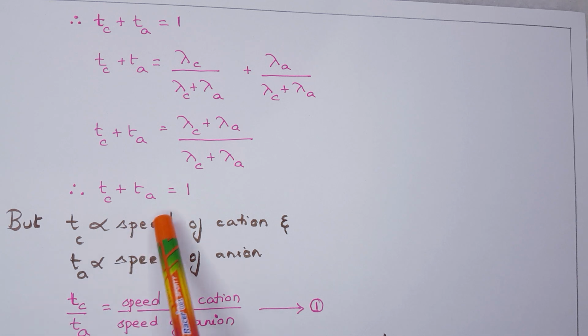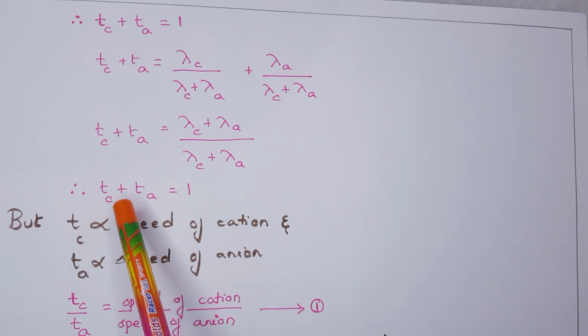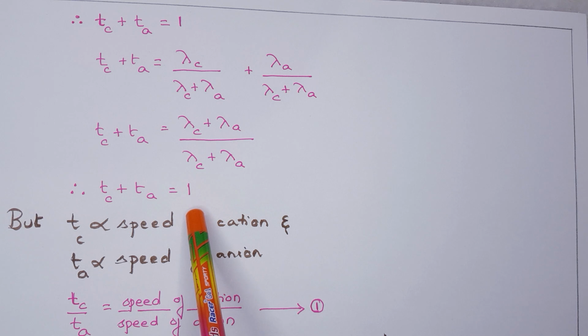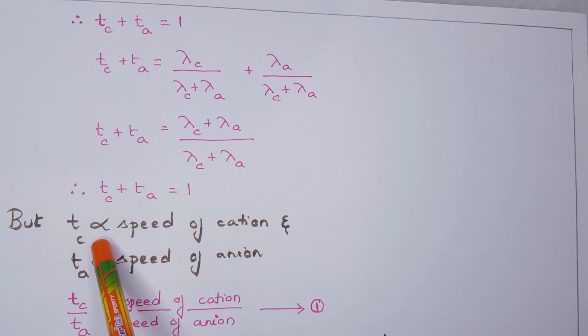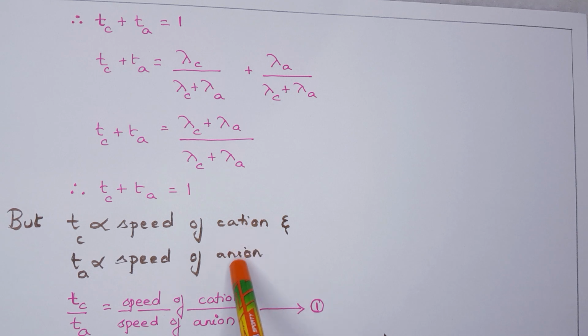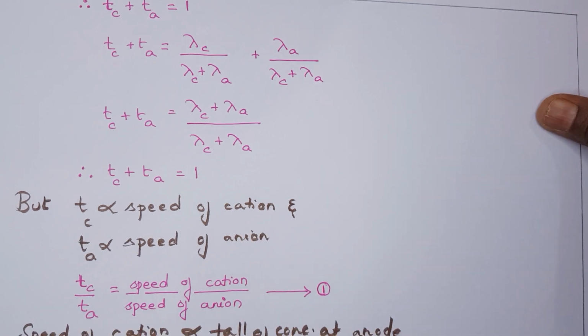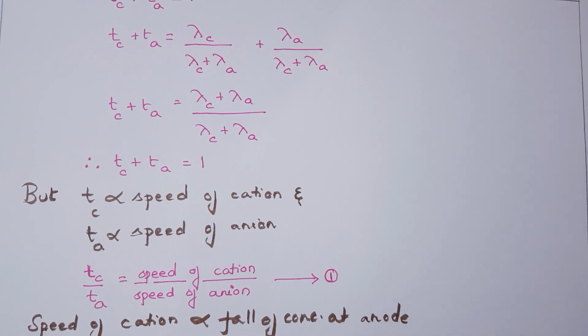Till here understood, students? Adding Tc and Ta, we get 1. But you know, students, Tc, the transport number of cation, is proportional to the speed of the cation, and Ta is proportional to the speed of the anion.